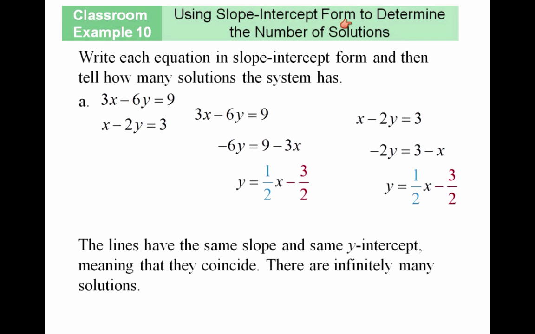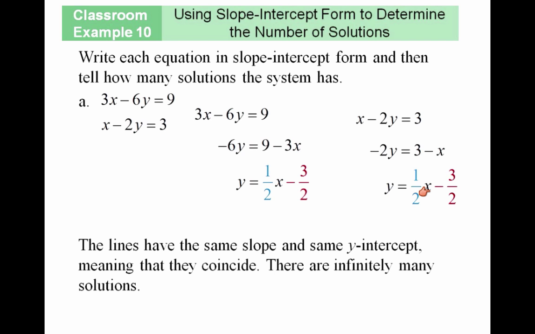Using slope-intercept form to determine the number of solutions. If I have two equations here, and I want to know whether I have infinitely many solutions or no solutions, you can write both of these equations in terms of y is equal to mx plus b. In other words, solve for y and take a look at the slope, because the coefficient of x is the slope.